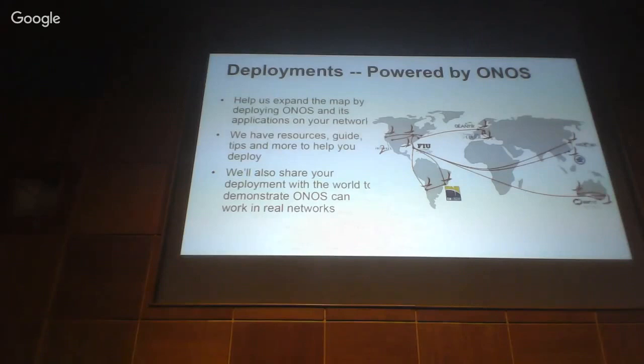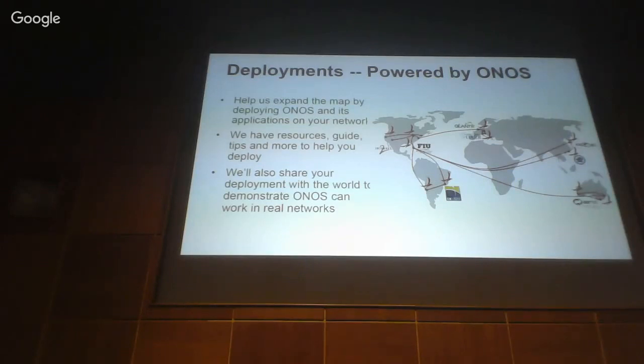Something else you could help us with is deployments. We didn't touch on this this morning because there was not enough time, but we do deploy ONOS on research networks. There is a very good number of deployments managed by ONLAB people, but also by the people of that specific research network.